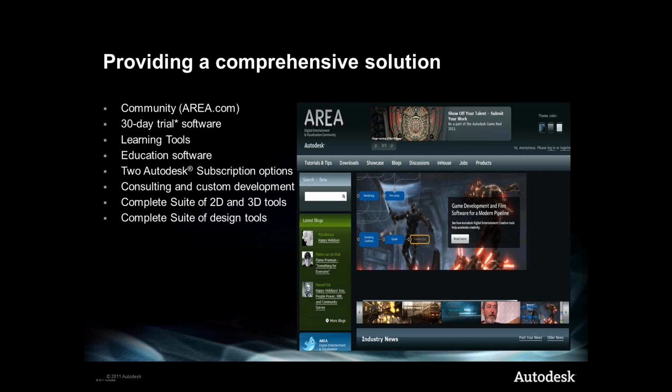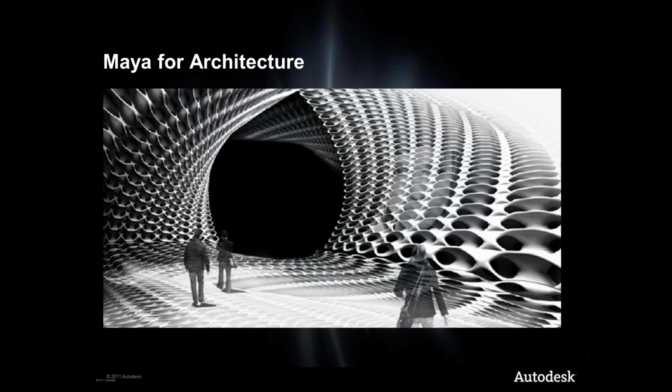And in addition to accessing Maya, if you want to start playing with it, you can go to the Autodesk website, download the 30-day trial, and you have access to also learning tools. There's other things that you can find from the website, like the area where you can find subscription offerings, consulting services, and a whole palette of 2D and 3D entertainment and design visualization tools.